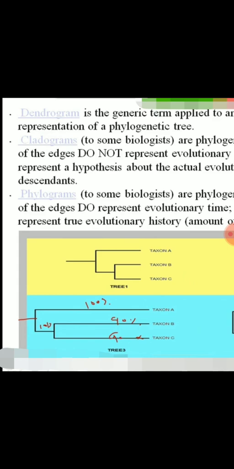suppose the branch of taxon A we take as 100%. So taxon A and taxon B and C, where they evolved from, what is their branching point? Suppose at this branching point there is 10%. We can compare these three lines, and we give some numbers over there.